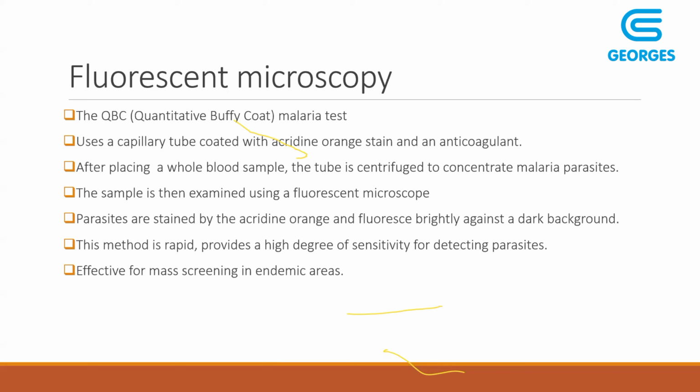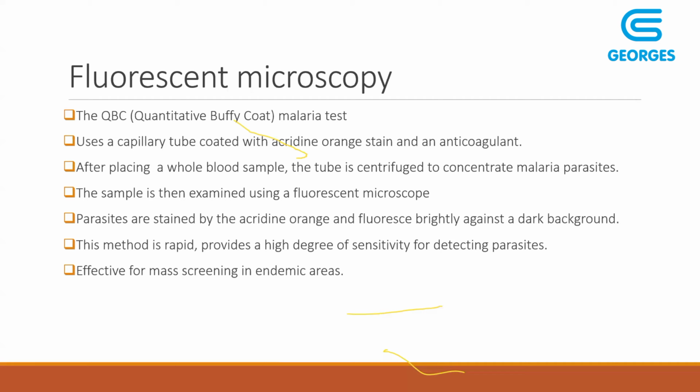This is after centrifuging. So the parasites are stained with acridine orange. So the acridine orange stains the DNA, the cytoplasm and the chromatin of a parasite. And then also we have a dark background. So when the parasite is stained, it fluoresces, it produces a bright color against the dark background, which is produced by the RBCs.